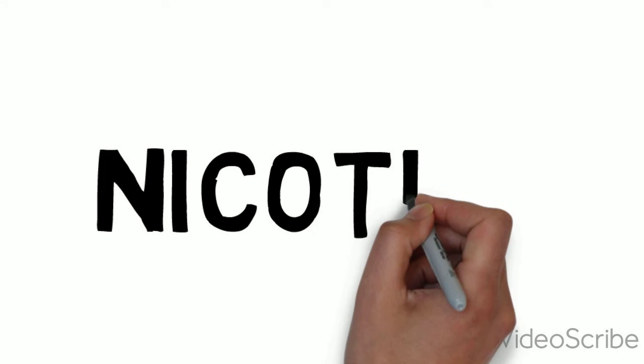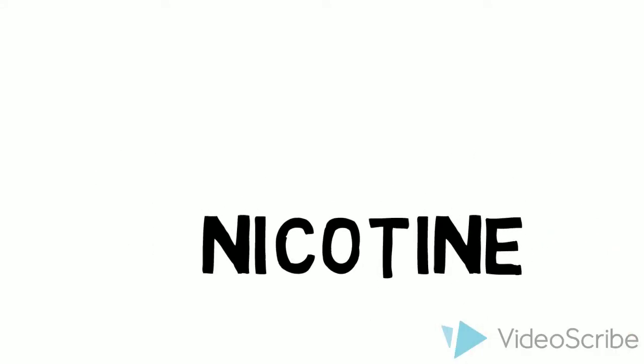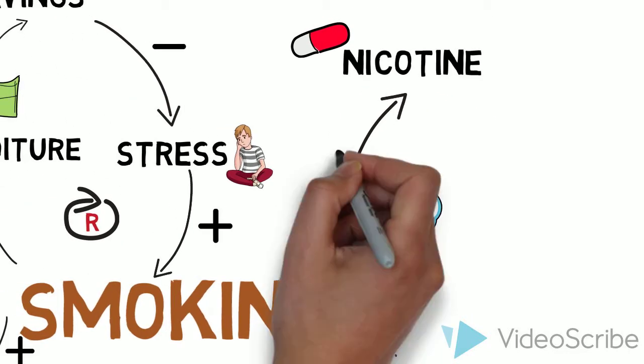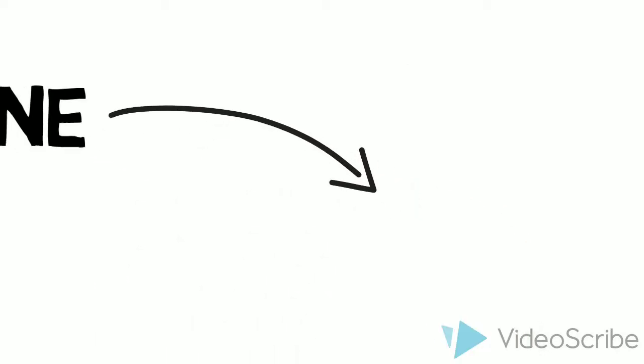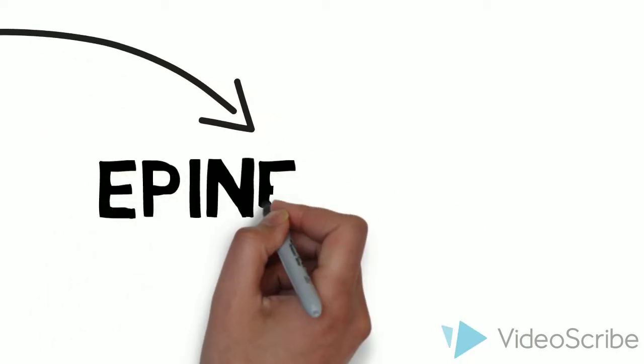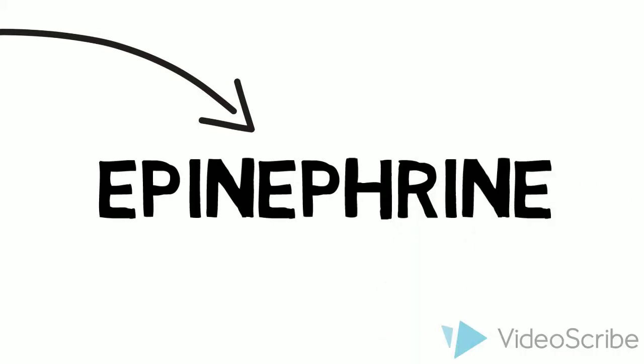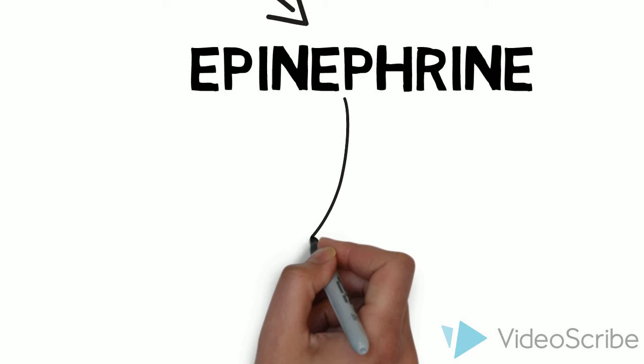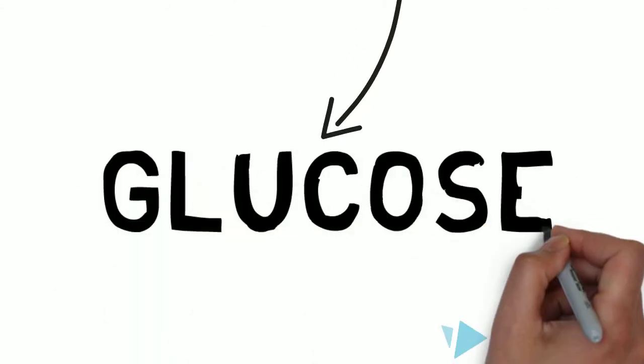On a molecular level, smoking results in an increase in nicotine level. Nicotine is a potent chemical which stimulates the adrenal glands to release a hormone called epinephrine. This hormone causes an increase in sugar metabolism by inducing a sudden release of glucose in the body.